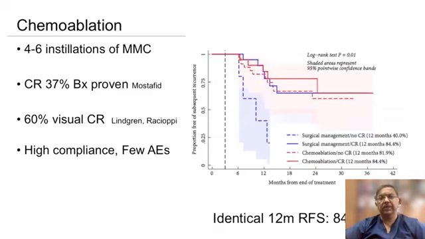So biopsy shows no recurrence of disease. On cystoscopy alone, it shows about 60% complete cure rate. So if there is good compliance and fewer side effects, these patients can be treated by chemoablation alone.